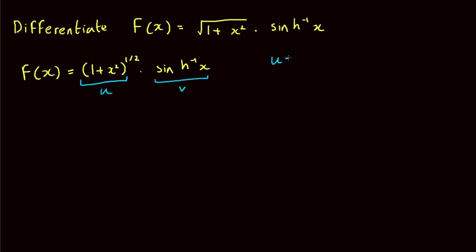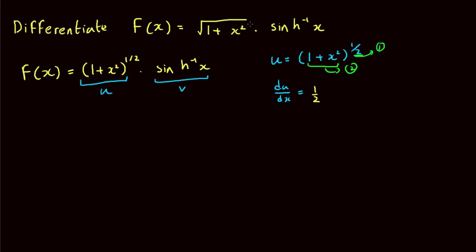We know that u is obviously 1 plus x squared to the power of half, and du over dx. We're going to use a bit of out and in here, because the power is the outermost, followed by the innermost function, which is just 1 plus x squared. So we consider the power first, so it'd be half.